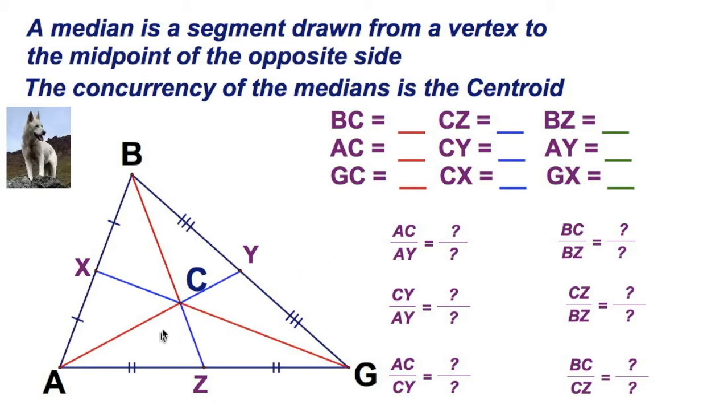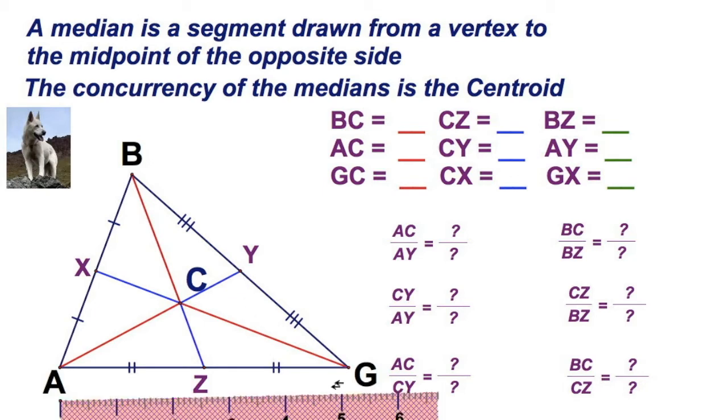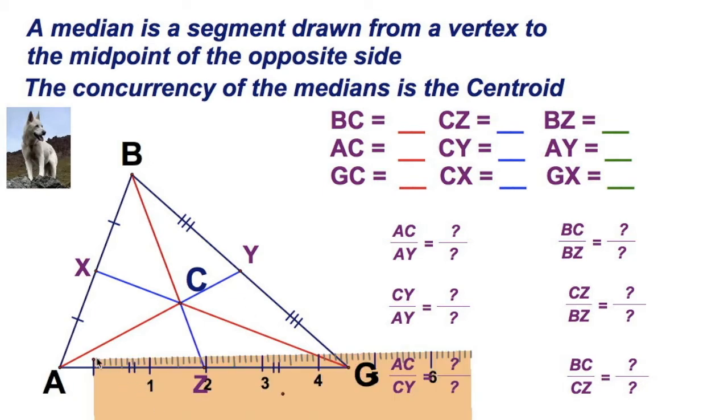What I mean by that, this very interesting relationship, I'm going to call this the red segment and the blue segment. The red from the vertex to the centroid, and the blue from the centroid to that midpoint of the opposite side. And yeah, we know the theory, so let's get out here and measure it.